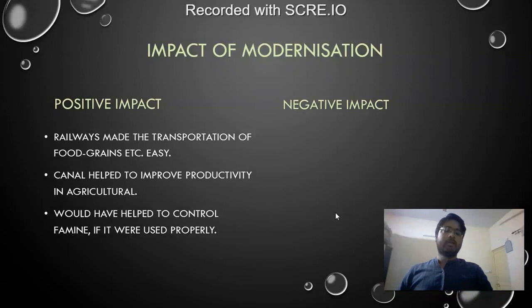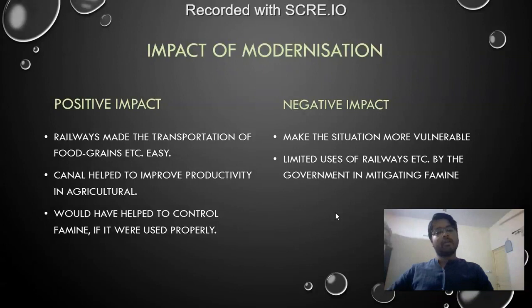So it also had negative effects. The railways were made to certain regions, and some regions were unaffected by this modernization. So you can observe regional differences, regional inequality, and regional variation during that period within India.